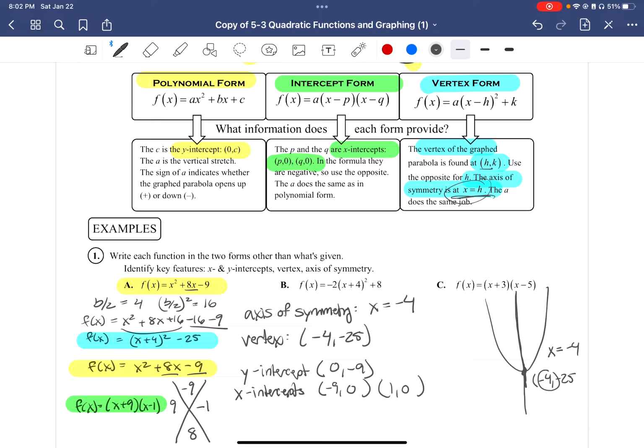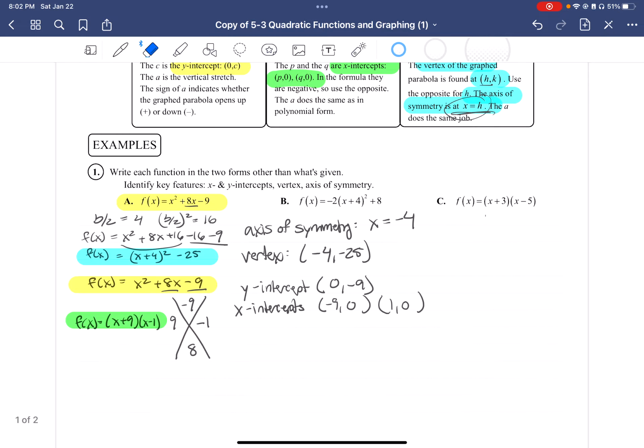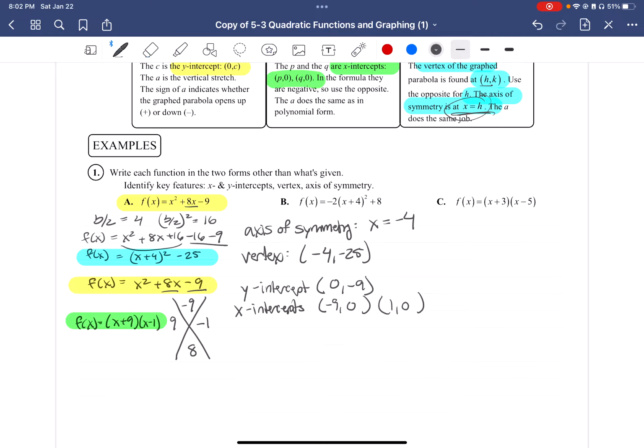All right, I'm going to erase this little sketch because we are going to do a better sketch. Let's draw some axes here.